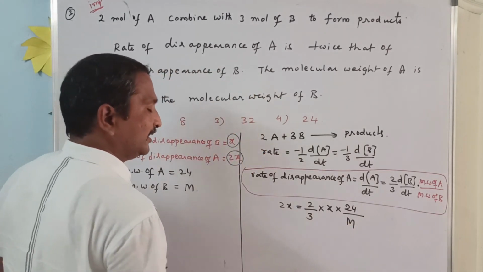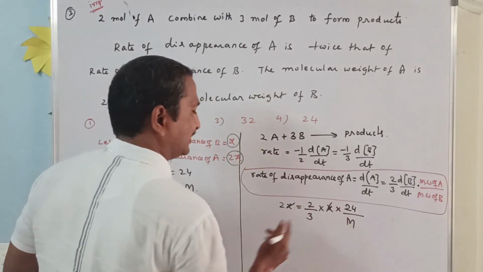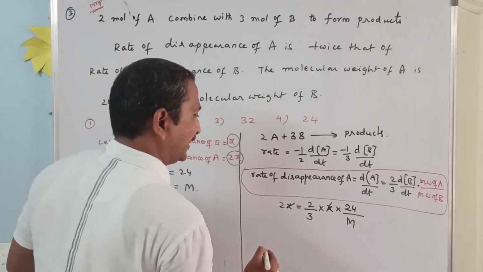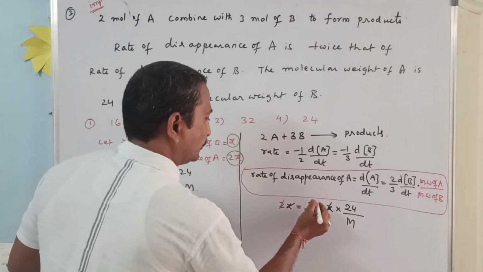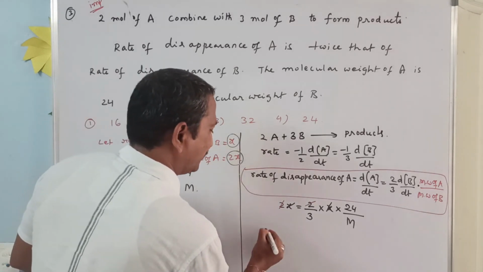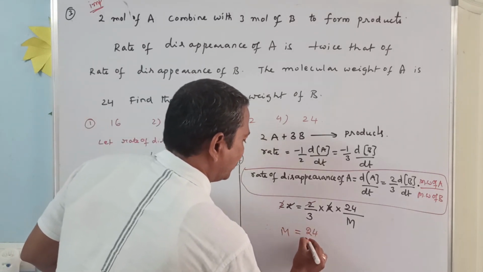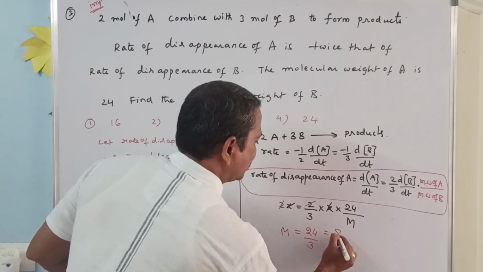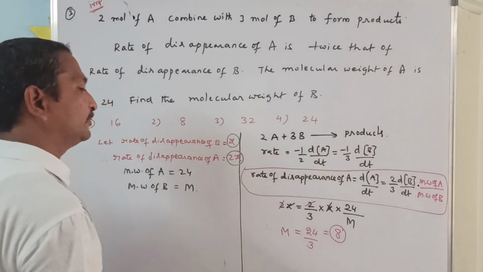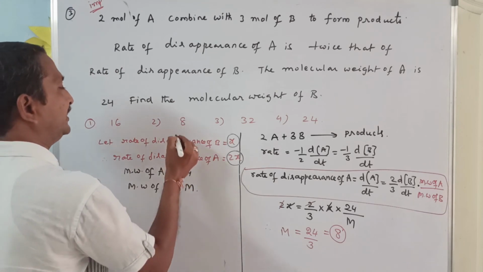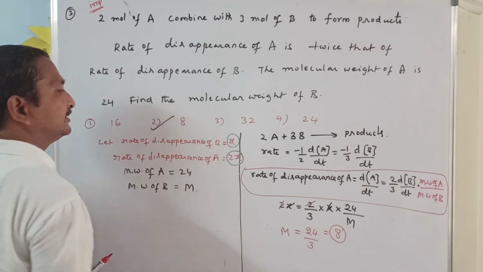Clear all of you? x cancels. Okay, 2 cancels. Therefore, m is equal to 24 by 3, that is equal to 8. This is the answer.